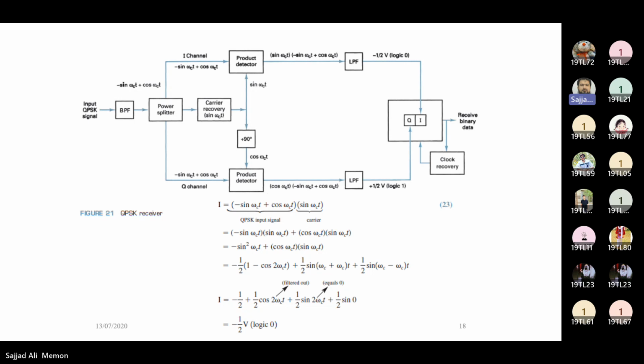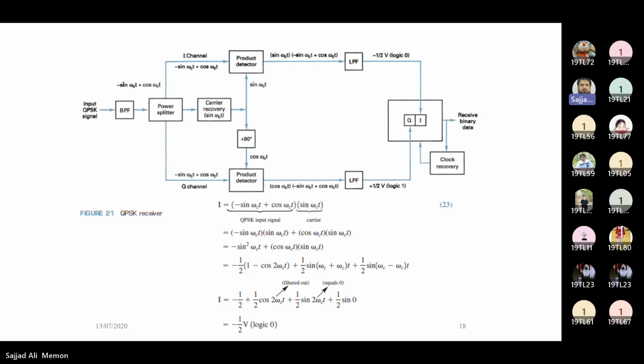For I channel, minus sine omega ct plus cos omega ct, into sine omega ct. So when you multiply, this will be minus sine omega ct into sine omega ct, that is square, plus cos omega ct and sine omega ct. So this minus sine square omega ct can be written in the cosine form as minus 1 over 2 (1 minus cos 2 omega ct), plus this can be written in the half angles as 1 over 2 sine (omega c plus omega c), plus 1 over 2 sine (omega c minus omega c).